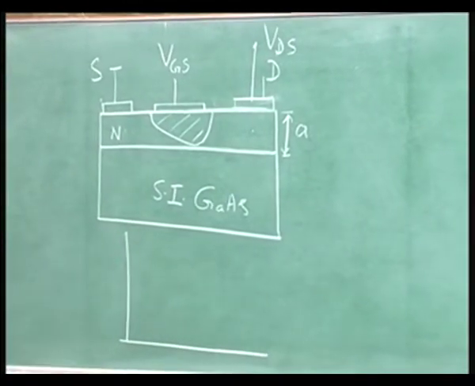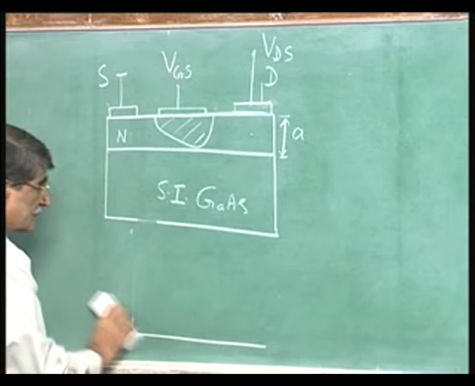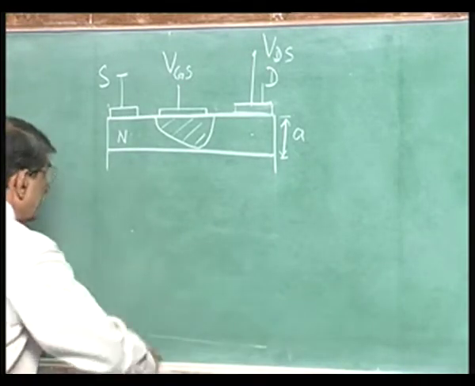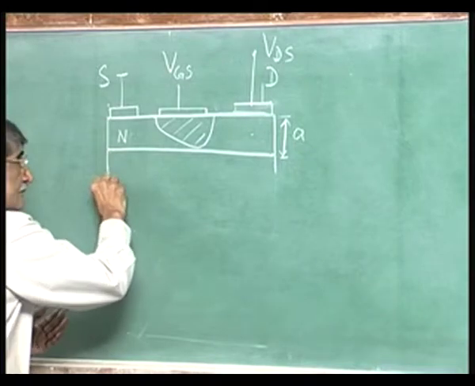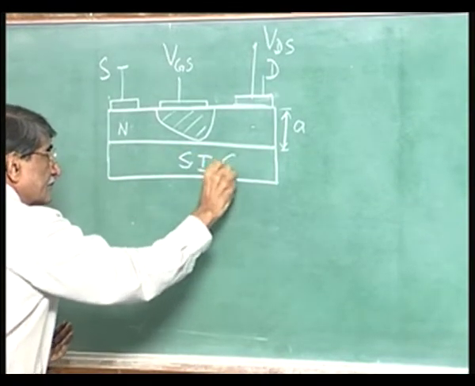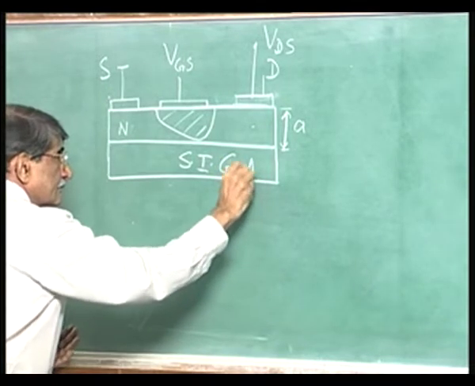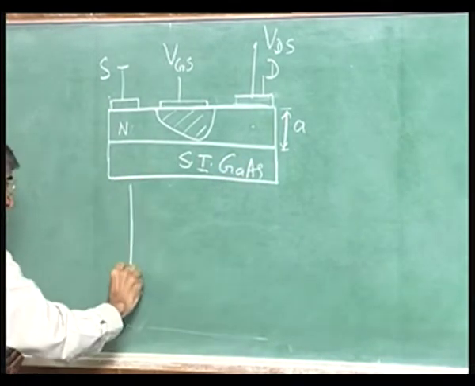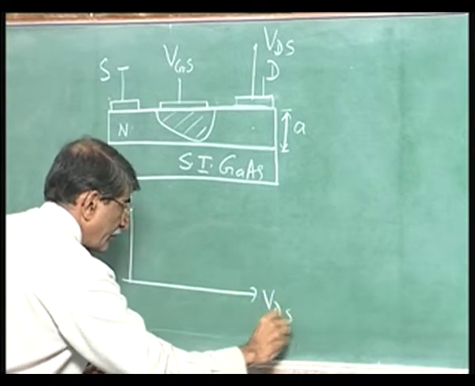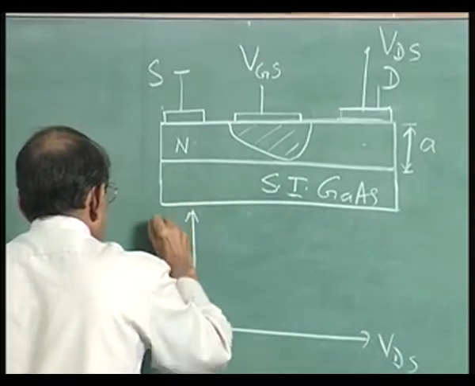I will reduce the size here, so that we can accommodate everything. Semi insulating gallium arsenide. Now, what we do is we have this VDS versus ID characteristics.